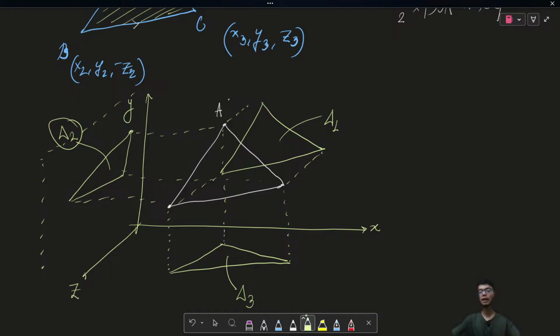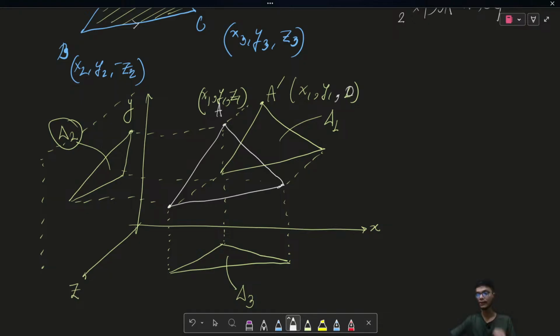Right? Now what I actually mean by doing the projection is that, let us say this is a point A which is given as x1 y1 z1. When I project this point on my x and y axes, this particular point, let us say A dash, actually becomes x1, y1, comma 0, right?